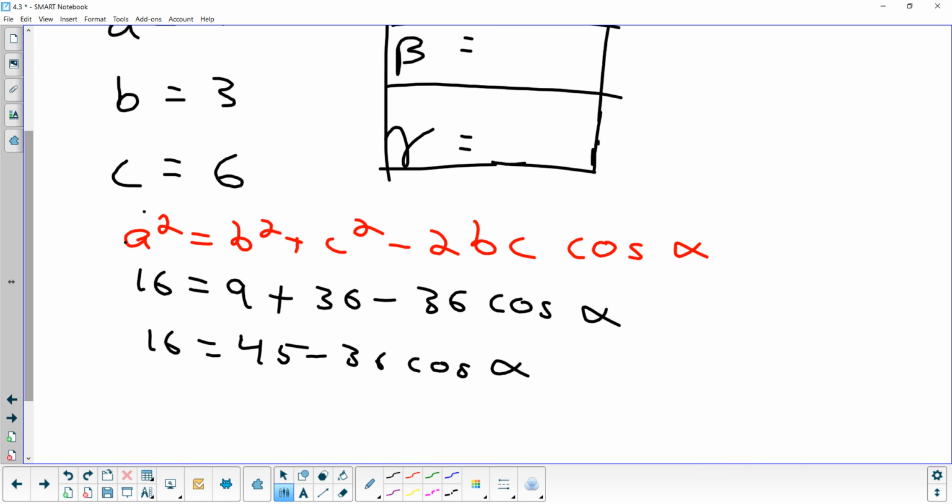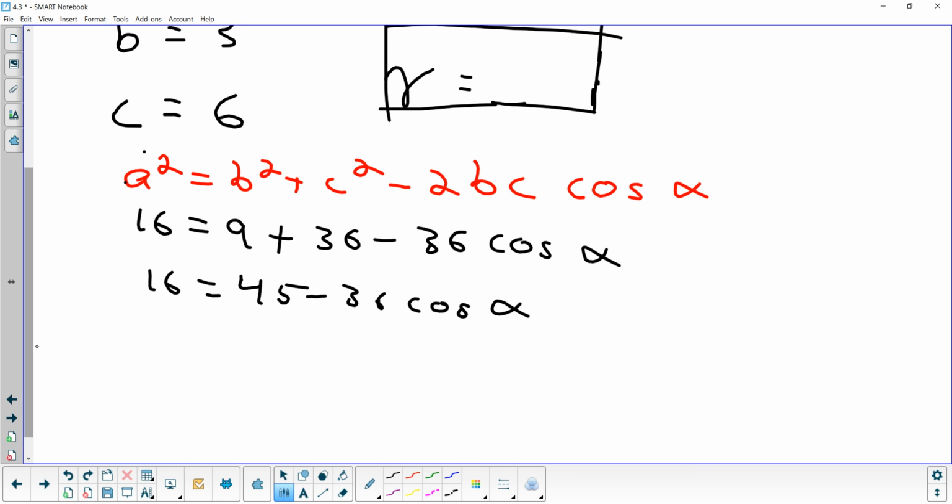How about James? What would I do next? Find the cosine of alpha. Well, my goal is to find alpha, but I've got about 4 steps before I get there. Maybe 3.